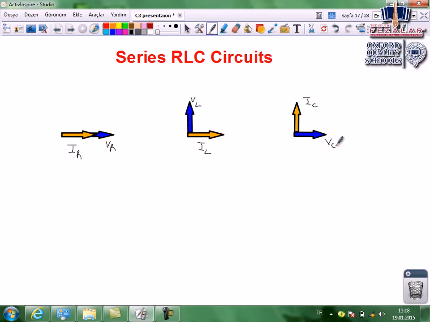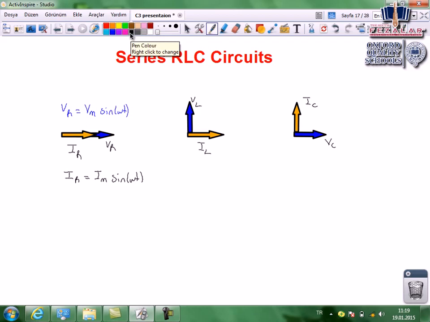Now as I formulate them, remember current here is calculated by IR, the maximum value of current times sine omega t, and the voltage can be written as VR is V maximum sine omega t. These are the instantaneous current and voltage in a circuit that contains only a pure resistor.